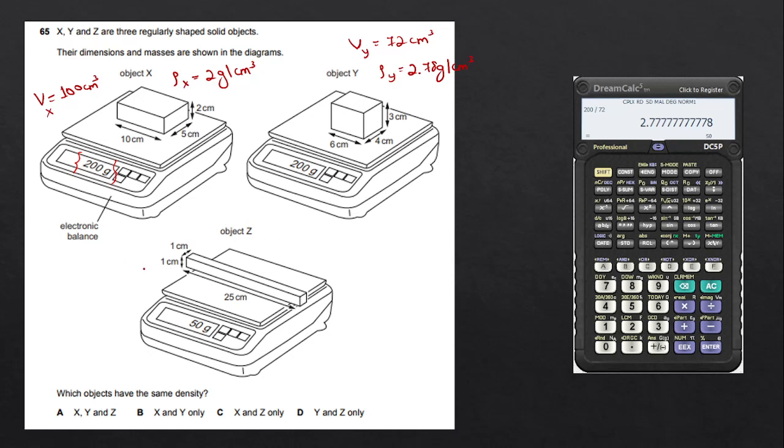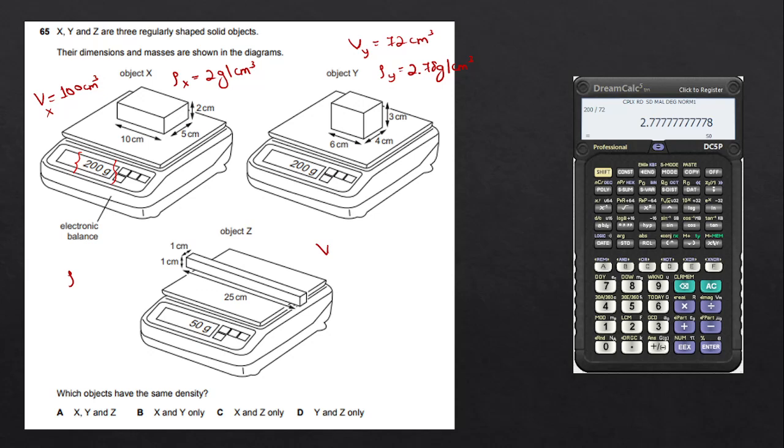Let's work out the density of object Z. So let's find out what is the volume of object Z. The volume of object Z is 25 times 1 times 1, which is just 25 cm cube.